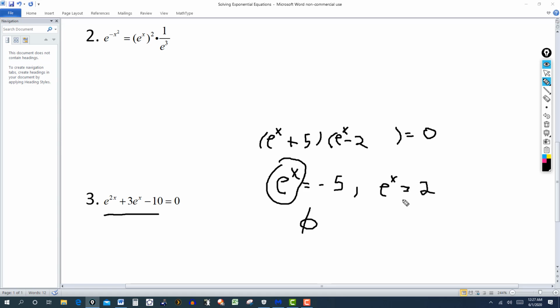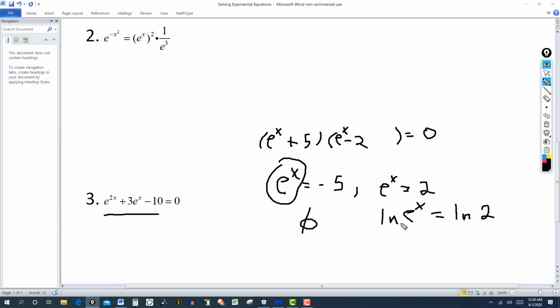So one way to solve this one without using the graphing calculator is to just take the natural log. I would just take the natural log because it makes it easier. You could use base 10, but I would just say the natural log of e to the x is equal to the natural log of 2.